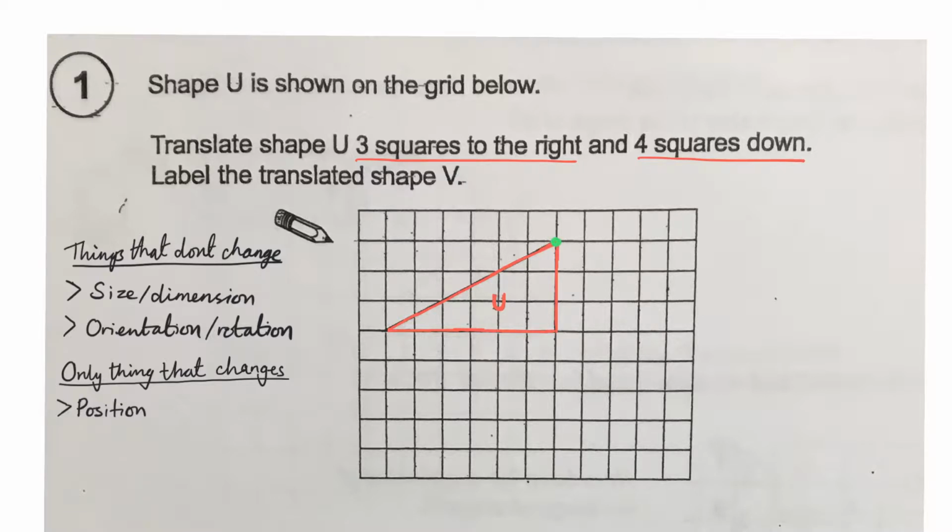So I'm going to start with this corner here, and then all you need to do, it says 3 squares to the right, 4 squares down. So we move this vertex, this point, 3 squares to the right, 1, 2, 3, and then 4 squares down, 1, 2, 3, 4. So it will come here.